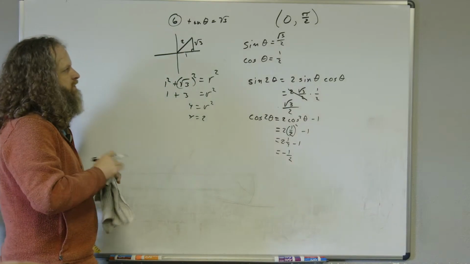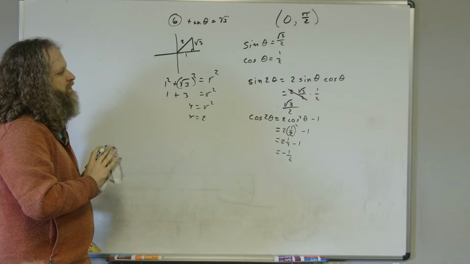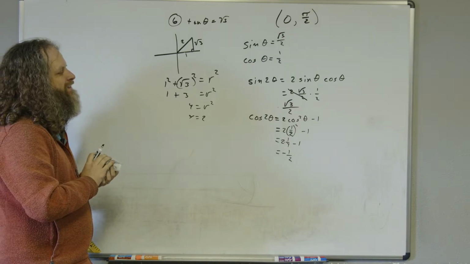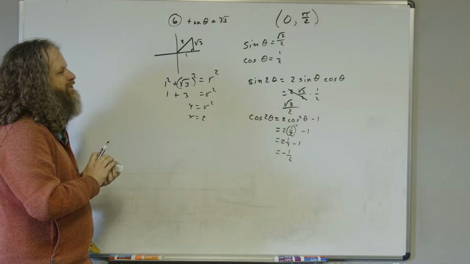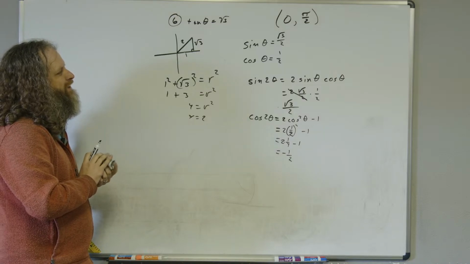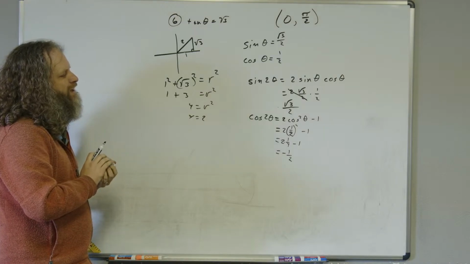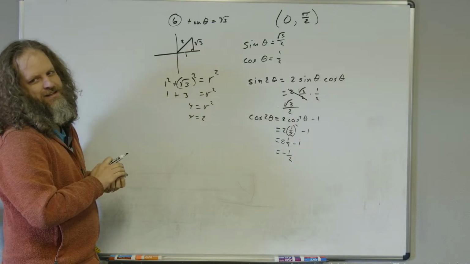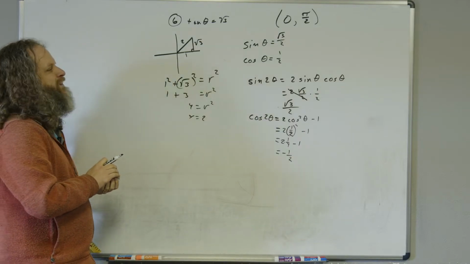And then tangent. Which is interesting, actually, that the cosine of theta is 1/2, and then cosine of 2 theta is negative 1/2. That seems intriguing. It shoved it into a different quadrant. Okay, anyway.